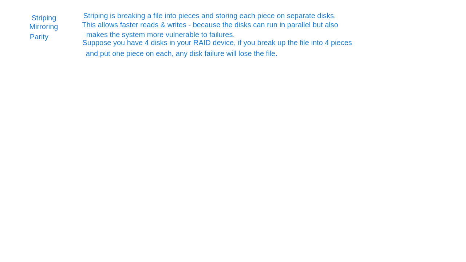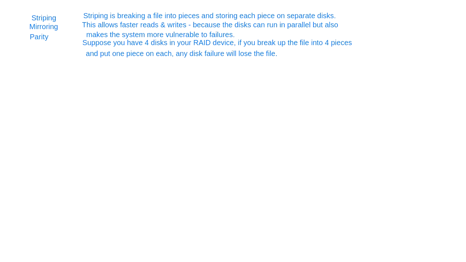Okay. Next one, and change colors here. Let's do green. Mirroring is keeping multiple copies of each file in the RAID device.